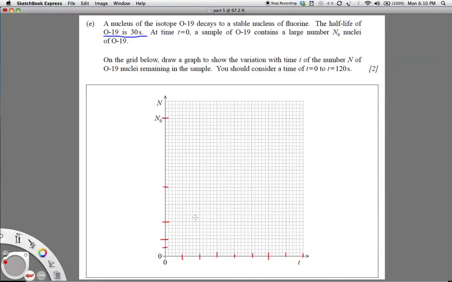So actually, right here, this is 30 seconds. This is 60. This is 90. And this is 120, and that's time in seconds.